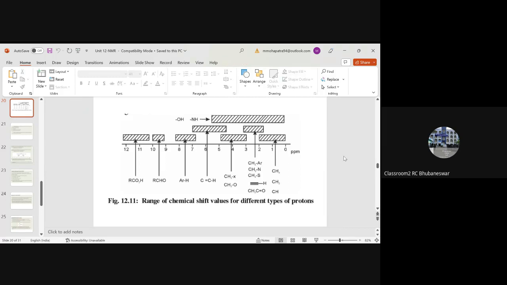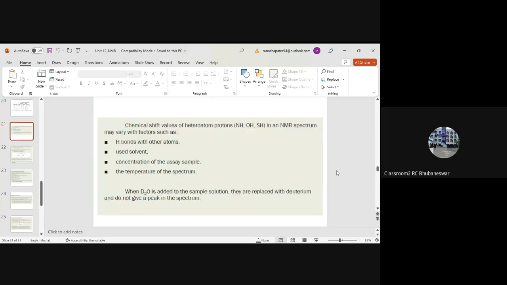So this figure is showing a rough idea about the range of chemical shift values of different types of protons. This rough idea you should have, like the way we discussed during IR spectroscopy. The chemical shift values of heteroatom protons, that is NH, OH, SH, in an NMR spectrum may vary with factors.